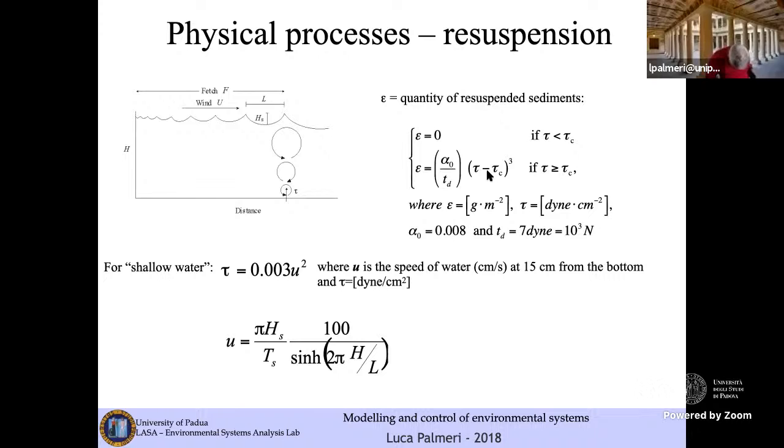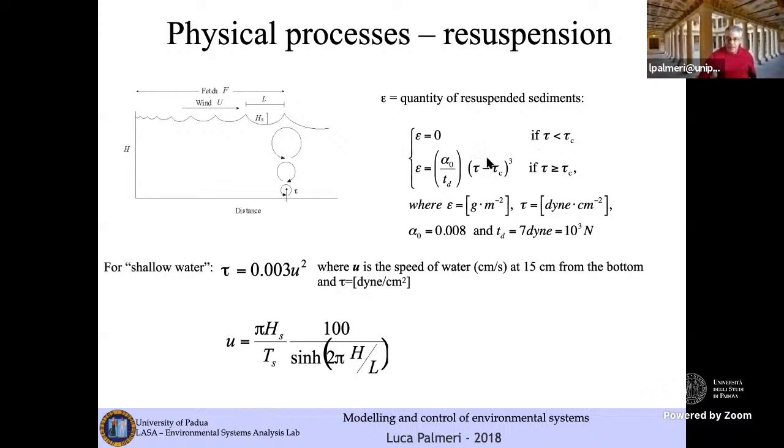You may remember that frictional processes depend on the square of the velocity, and from your physics classes you may recall that the force generated by this frictional movement is proportional to the cube of the force exerted.